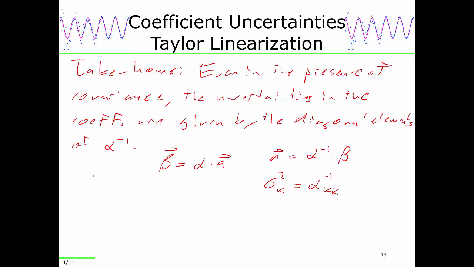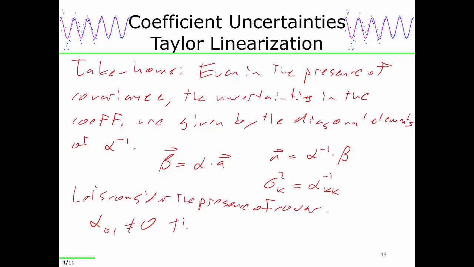Okay, so let's consider the case of covariance. Then alpha 0,1 is not equal to 0. There are terms that are off diagonal and non-zero.